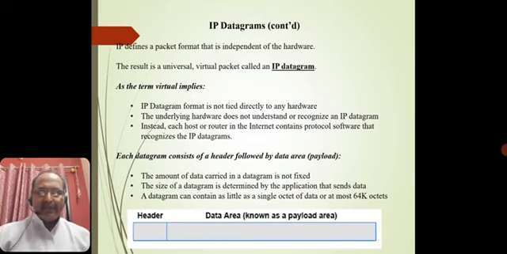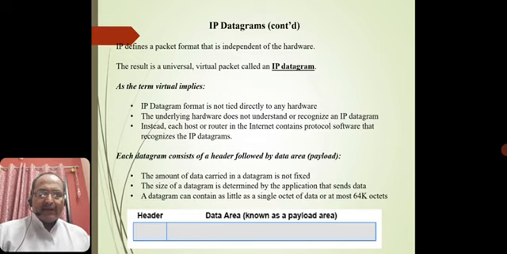These IP datagrams consist of a header followed by a data area. This header is called the content header or information header, or we can call it the initial header. Technically speaking, it's an index of a datagram, right?